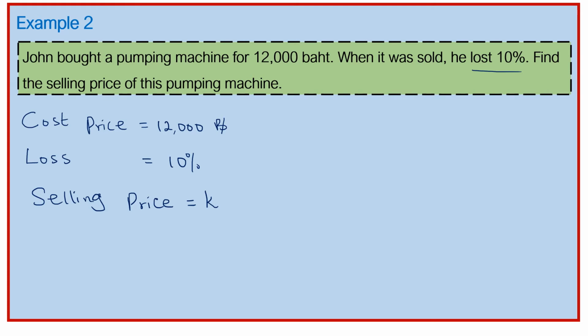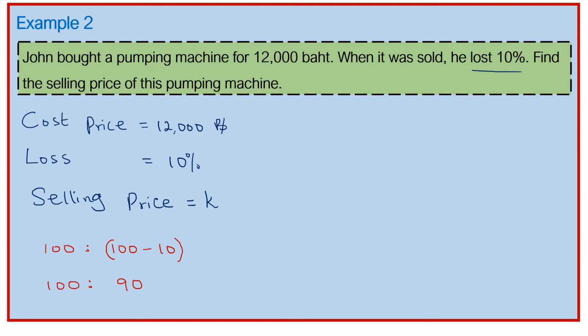We can say that when the cost price is 100 baht, the selling price was 100 minus 10. Okay, so it actually means that when I buy at 100%, I sell at 90%.